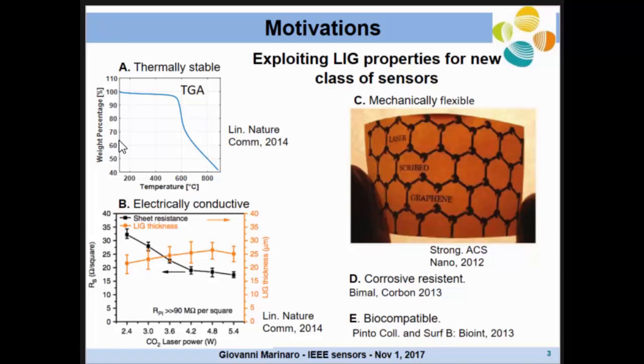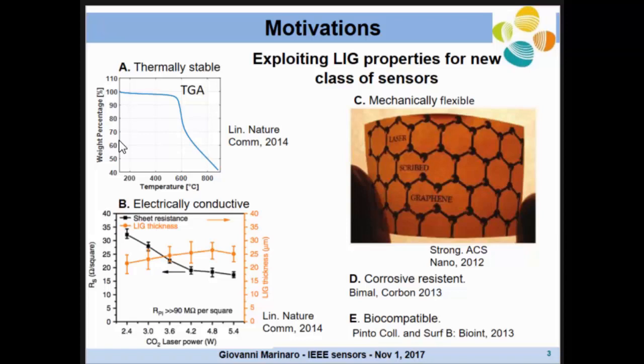You can change the main fabrication parameters and get a resistance in a range of 10 ohms, and if you have a thick layer of graphene, you are also changing the resistance. And this is the graphene laser scribed on a polymeric material. It's a thin film, so it's flexible.